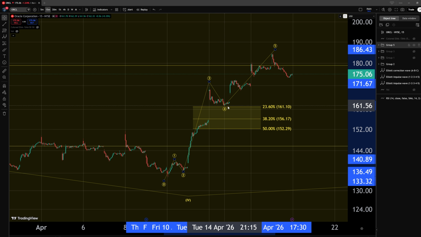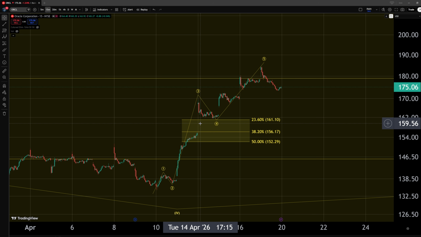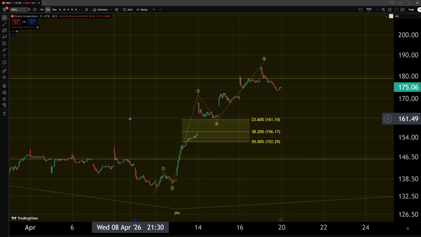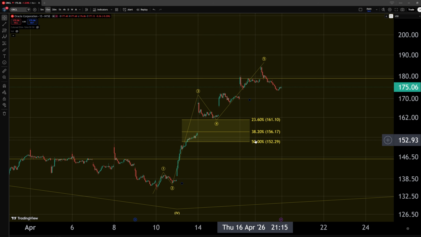But I wouldn't let this minimal difference of, what is it, like 60 cents, prevent me from looking for a potential initial 5-wave move to the upside, especially when this is within such a small time frame where distortions are very easily possible and oftentimes even invisible.